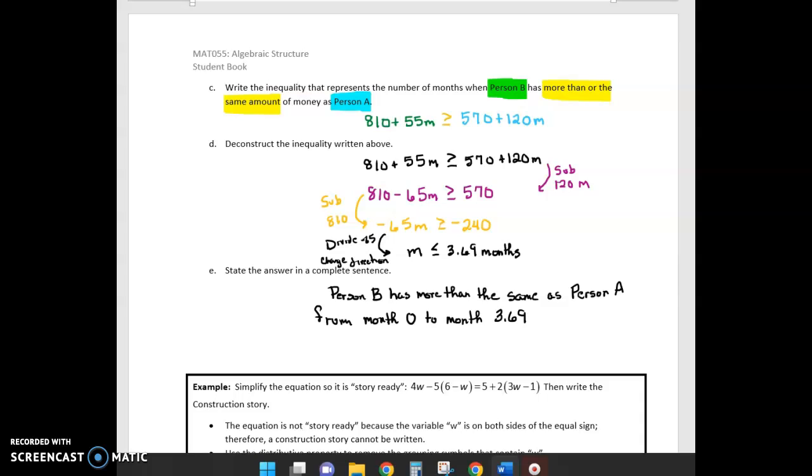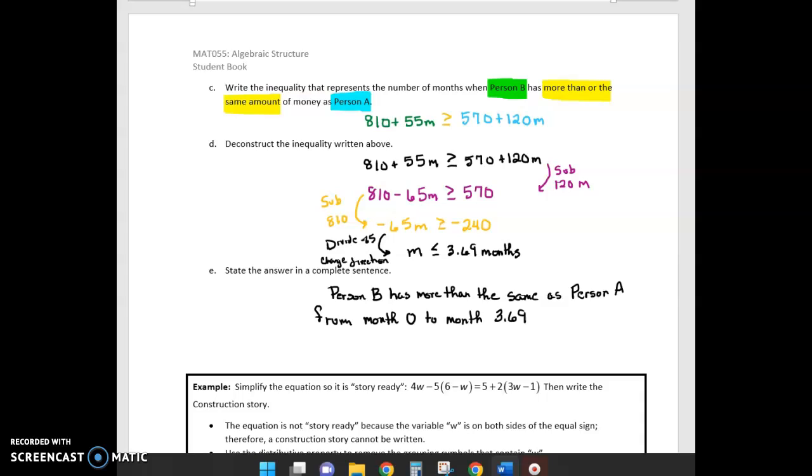Now, the reason month 0, even though this says that the number of months is less than, we can't have the money in an account in the negative amount. So we're going to start with month 0 and go all the way up to month 3.69.